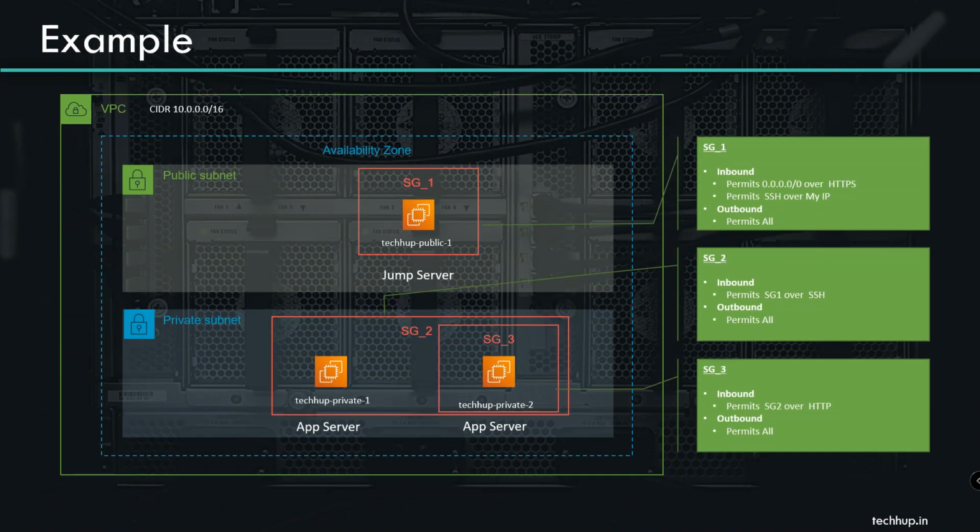We are going to take a small example of this architecture, where we'll create an EC2 instance in the public subnet to act as a bastion host or jump server, and we'll allow that EC2 instance to SSH into these private EC2 instances in the private subnet, via private IP addresses. Via security groups we enable those accesses.